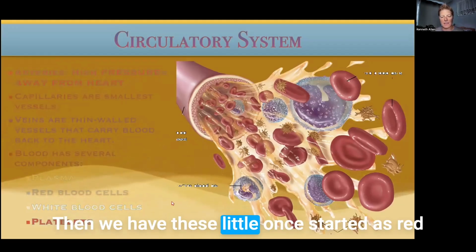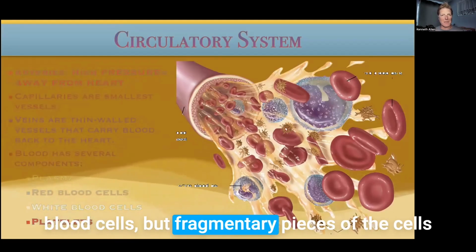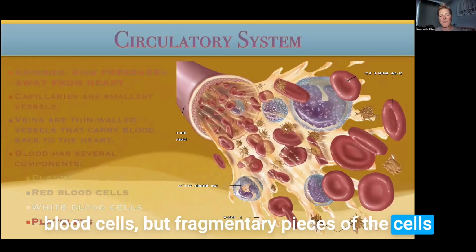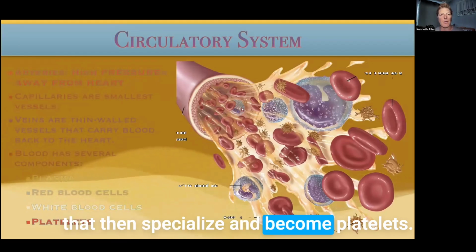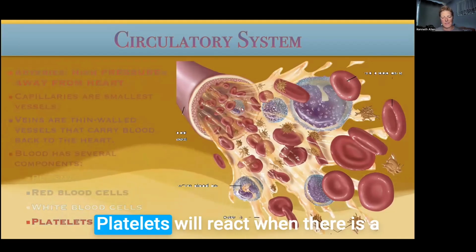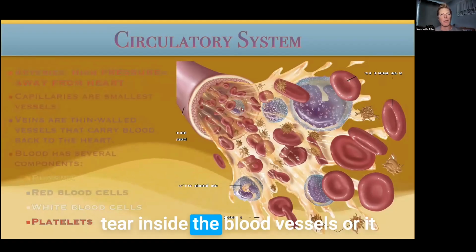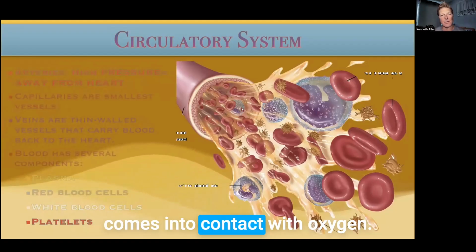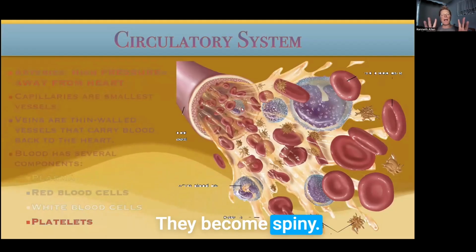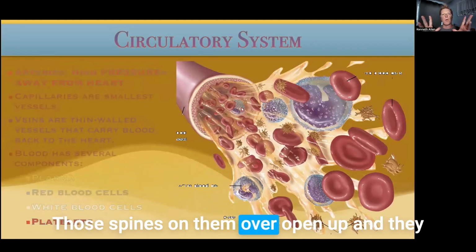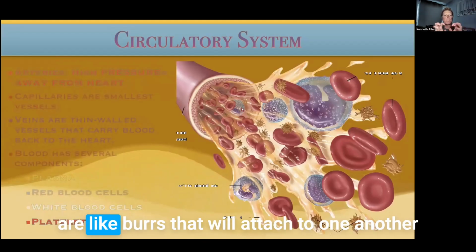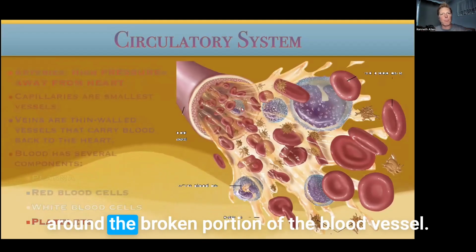Then we have these little fragmentary pieces of cells that then specialize and become platelets. Platelets will react when there is a tear inside the blood vessels or it comes into contact with oxygen. They become spiny. Those spines on them open up, and they are like burrs that will attach to one another around the broken portion of the blood vessel.